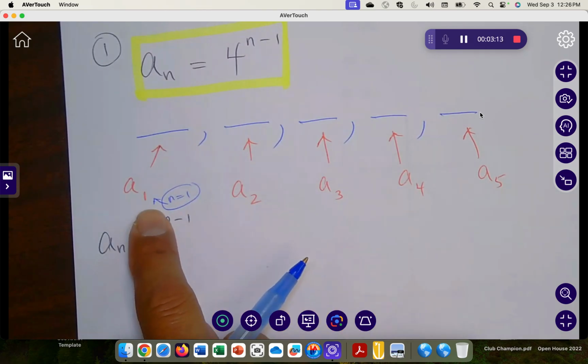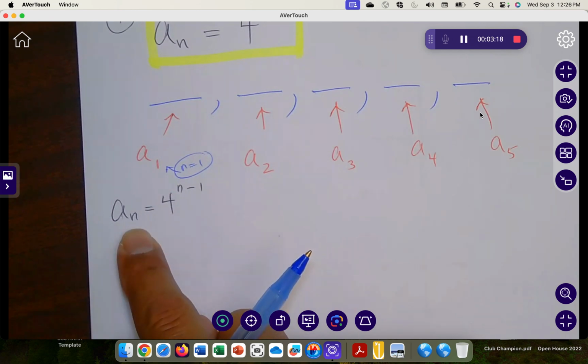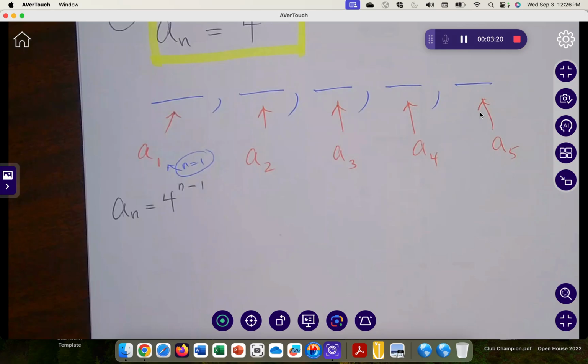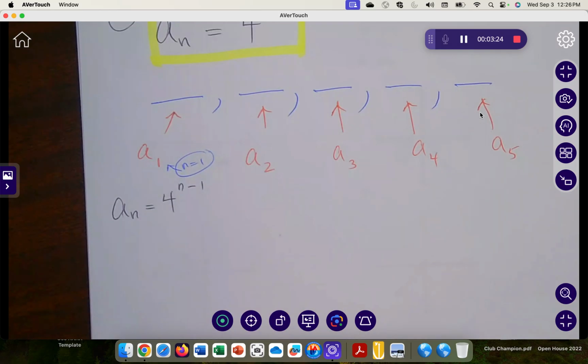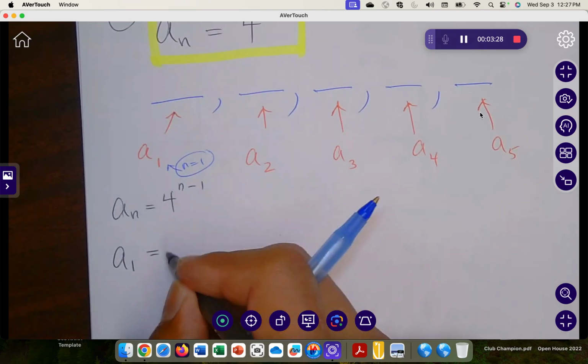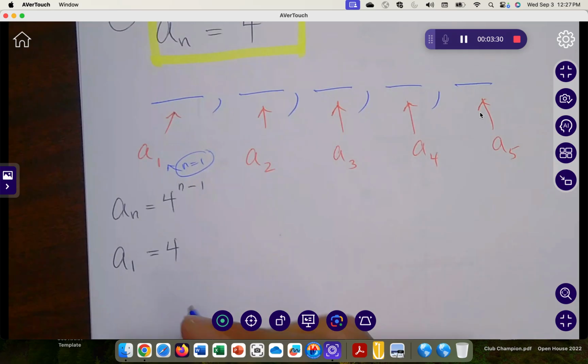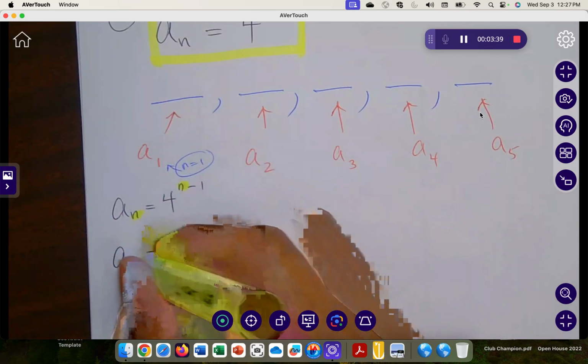So in the formula, whenever you see an n, you change it to a 1, right? A to the 1, or the first term, is 4 to the power of 1 take away 1. I'm putting a 1 right here and a 1 right here.